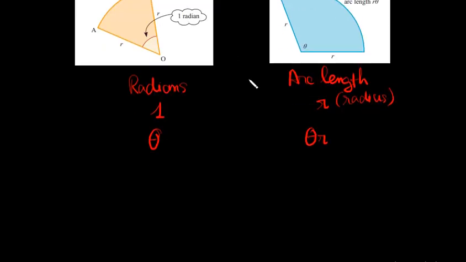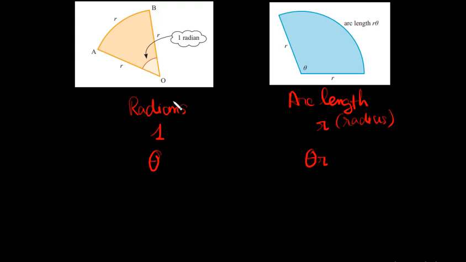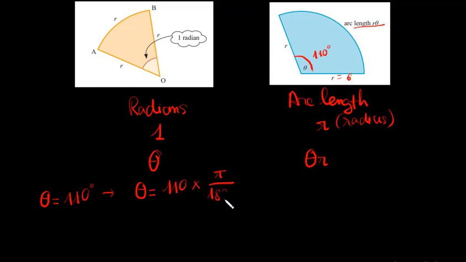Let me take an example here. Let me assume this angle is 110 degree and r equals 6. So I have theta equal to 110 degree. I want to convert it into radians. Theta equals 110 multiplied by pi over 180, which is 11 pi over 18.